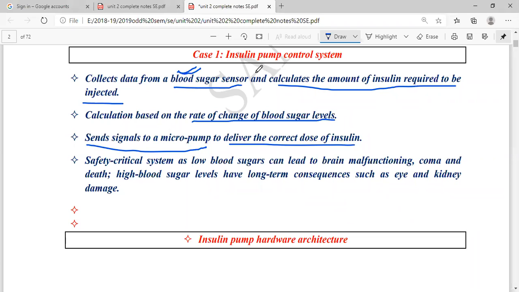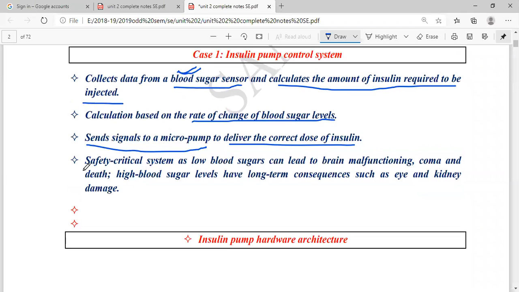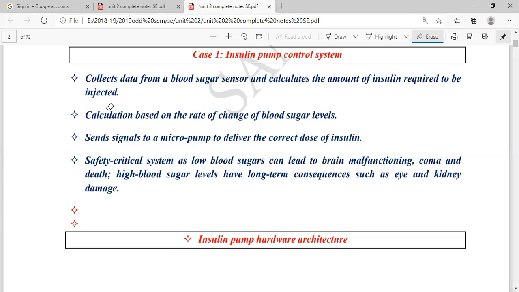Depending on that, the micro pump is going to pump only that much amount of insulin, and then that is given to the patient. We have to also take care that a low amount of insulin may cause brain malfunctioning, or sometimes the death of a patient, whereas if we give a high amount, it may damage the kidney as well as the eye. So these are the basic requirements which need to be implemented.